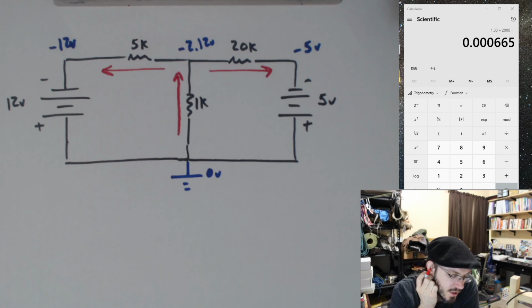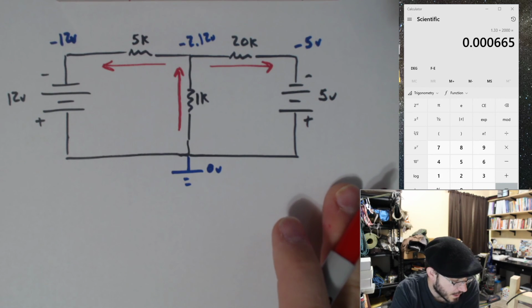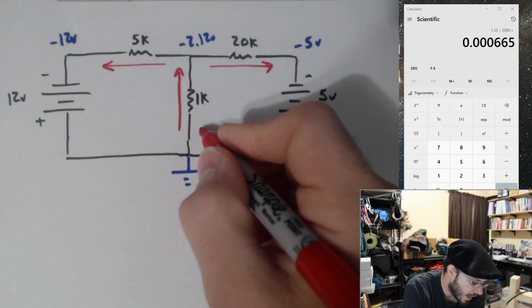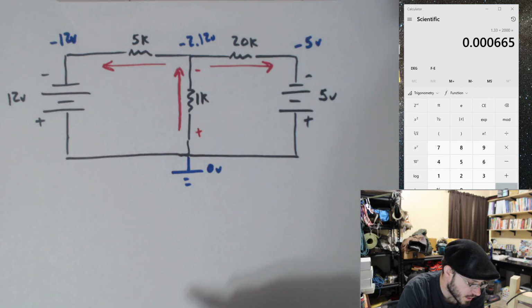But if you're ever stuck, if you're ever confused by these polarities, if you're ever a little disoriented, just use polarity to help you out. Current goes from a higher voltage to a lower voltage.